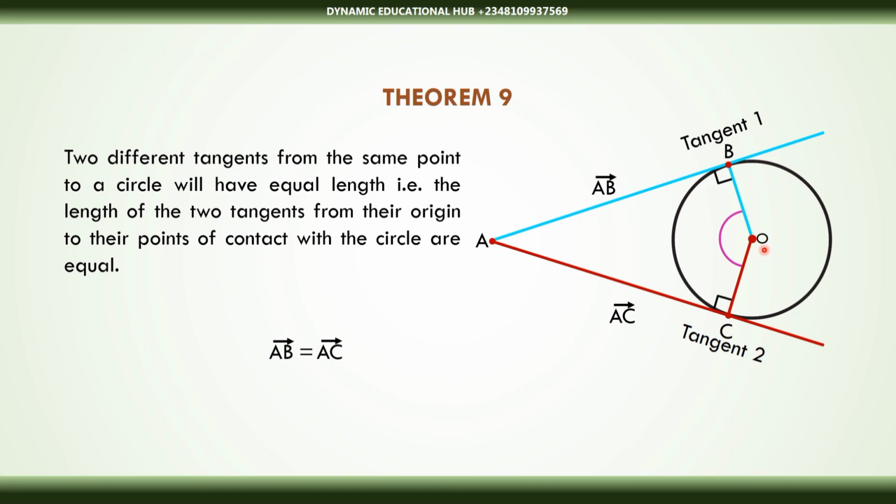We are going to have an angle here as shown, the angle between the two radii. We are also going to have an angle between the two tangents as shown.